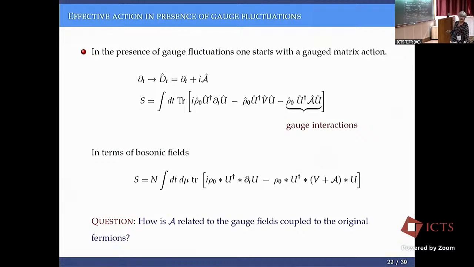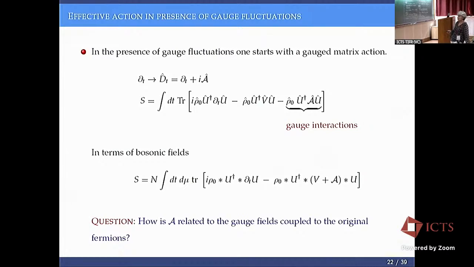So the matrix action, this is what we had before, and now we have this extra term. And again, we can go from here to a non-commutative field theory on CP^K by replacing the matrices with the functions, with the fields, and the products of matrices with star products.